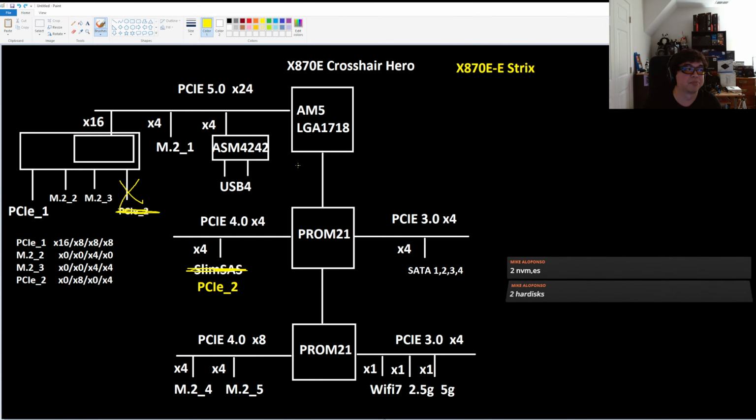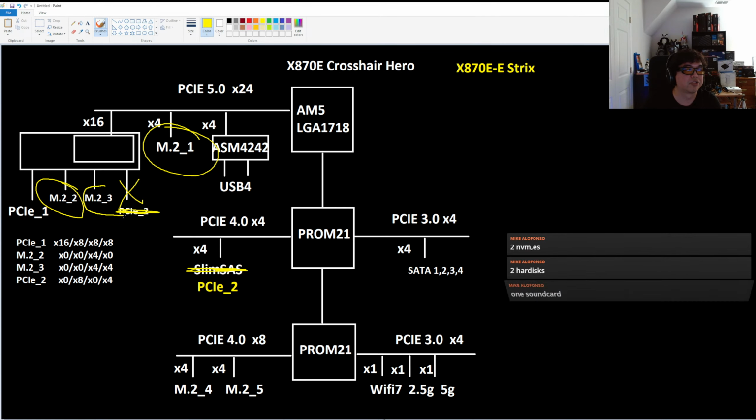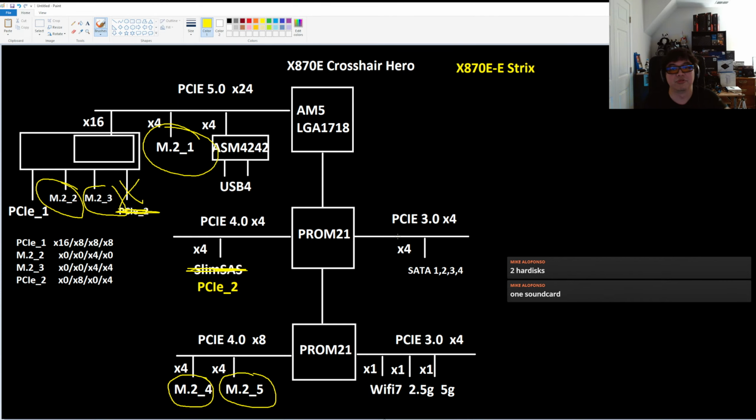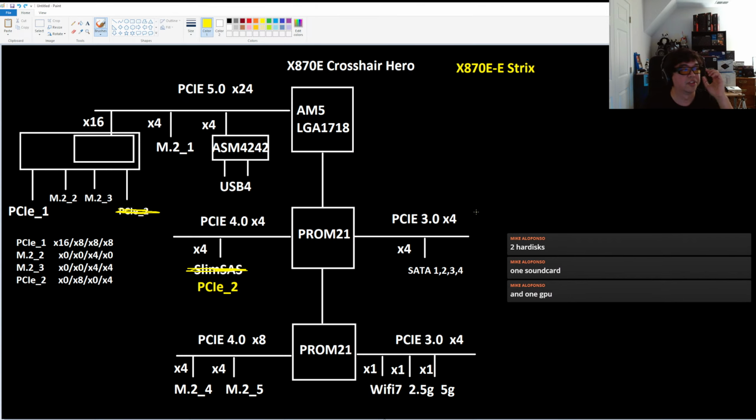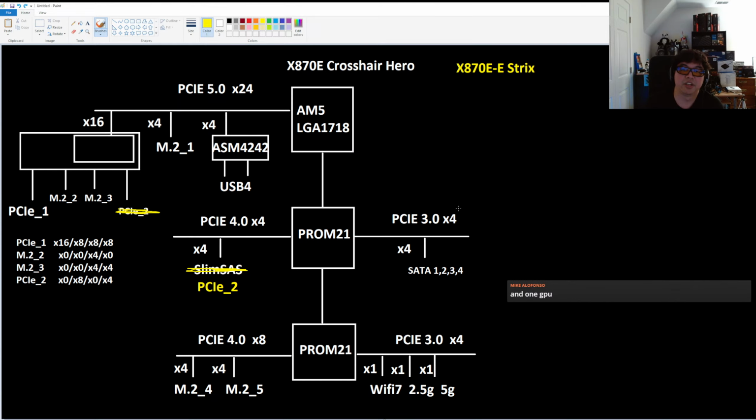Because the Strix provides 5, just like the Hero, the Strix still provides 5 M.2 drives. So this is the difference between the Hero and the Strix. This way I kill 2 birds with 1 stone. You basically get to see the Strix block diagram and the Hero one because they're very similar.